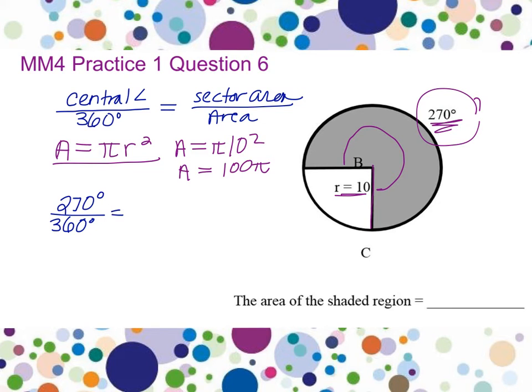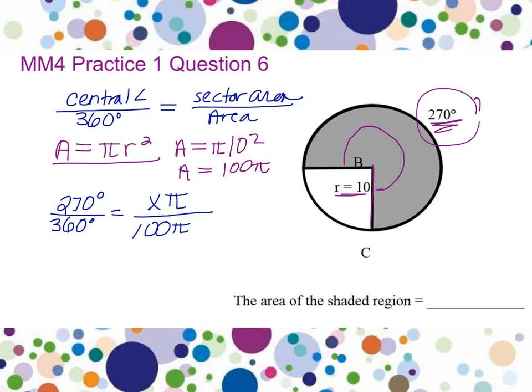And that ratio is going to be equal to our sector area over our area of our entire circle, 100 pi. So our sector area will also have pi in it. So sometimes what I do to make this easier is I call this, instead of x, x times pi. And that way I'm only solving for the multiplier of pi.